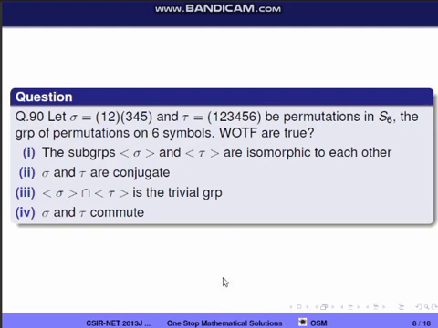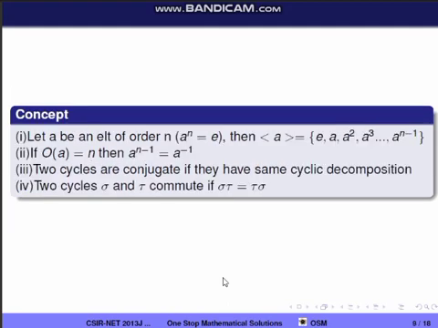So first of all, we will look into the concepts used in the question. If A is an element of order n, then we can write A power n is equal to E, and also the cyclic group generated by A is equal to the set of all E, A square, A cube, etc., up to A power n minus 1.